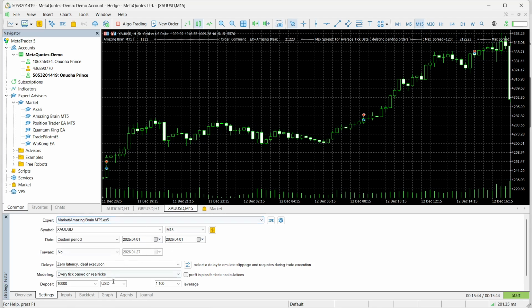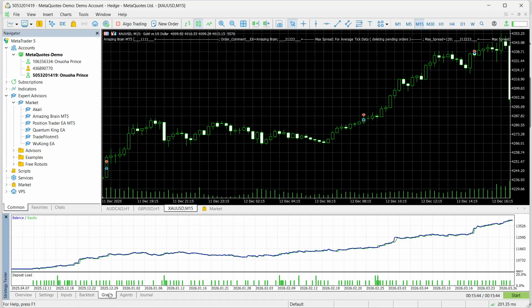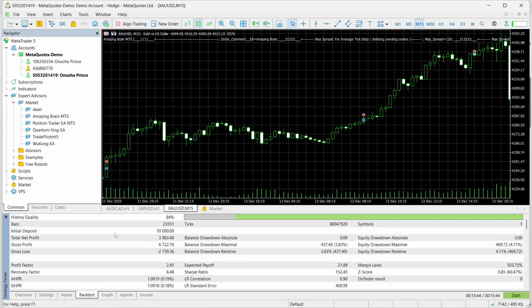And looking at my results, the equity curve, as you can see, shows overall growth with some flat and drawdown periods ending positively. There are visible spikes in deposit load during active phases. As for the stats, let's go to our results. So for an initial deposit of $10,000 in the period, total net profits was $3,983.